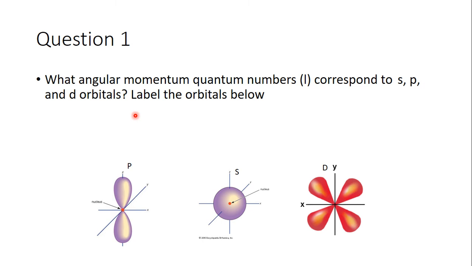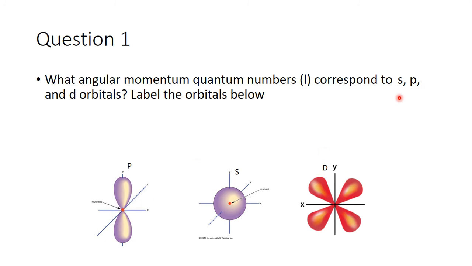These shapes, we call them angular momentum quantum numbers, and we also use the letter L. Every L number tells you a different shape. So first, let's just look at the shapes and give them letters.